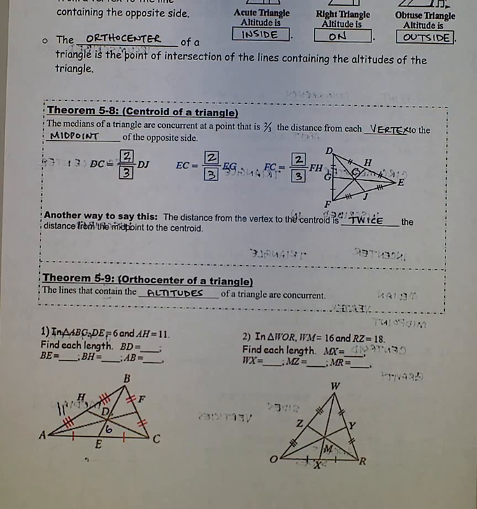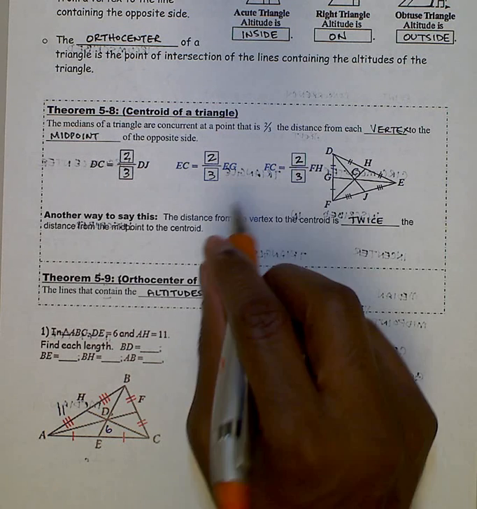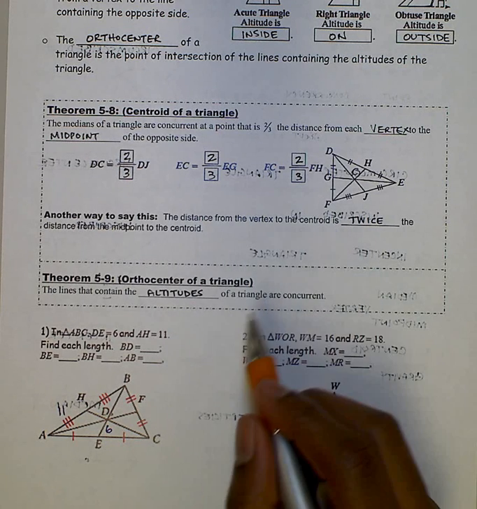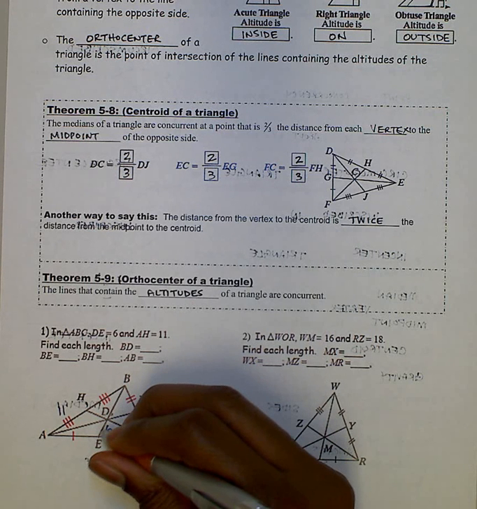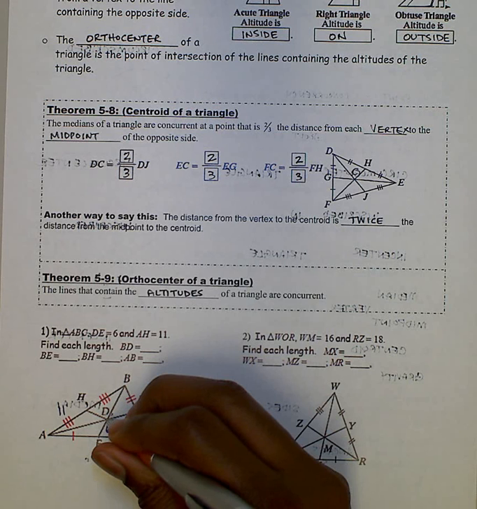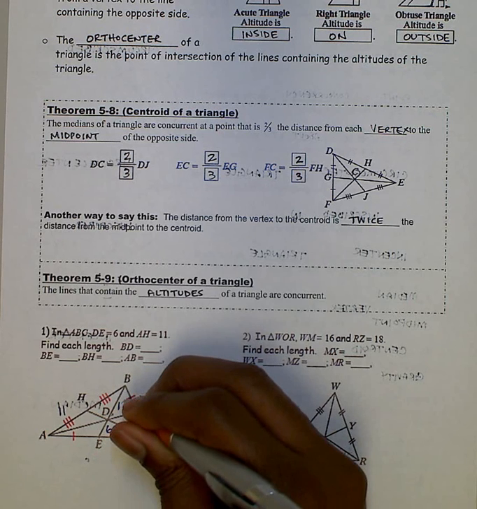And we want to find BD. Well, remember what we said, that the distance from the vertex to the centroid is twice the distance from the midpoint to the centroid. So midpoint to centroid, E is the midpoint, D is the centroid, that's 6. So from vertex to centroid should be double that. So BD should be 12.